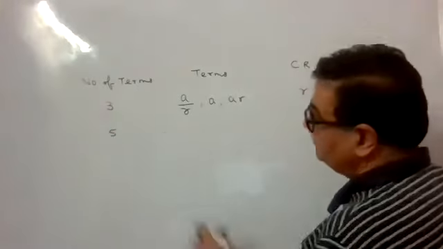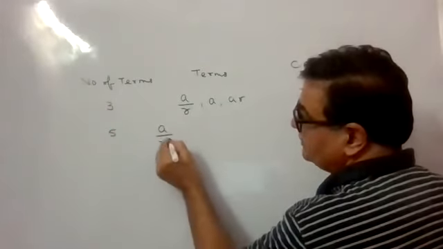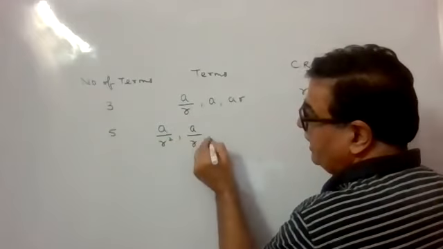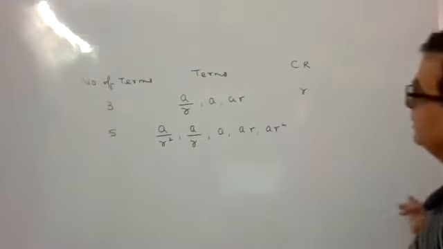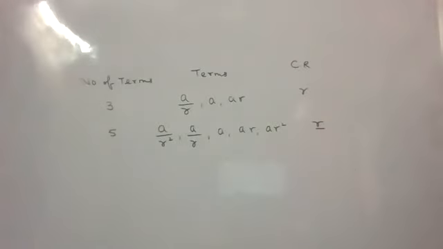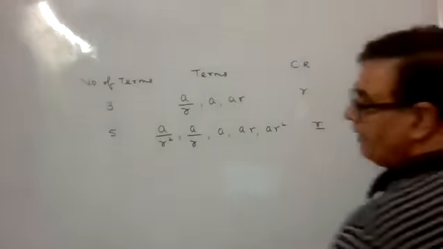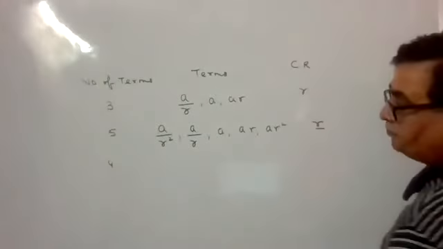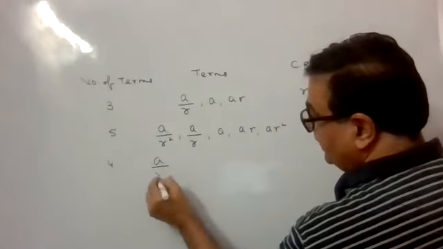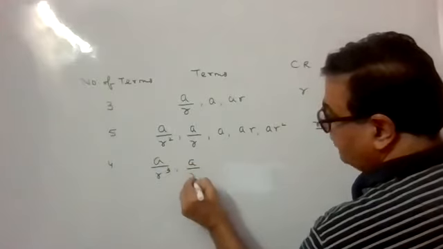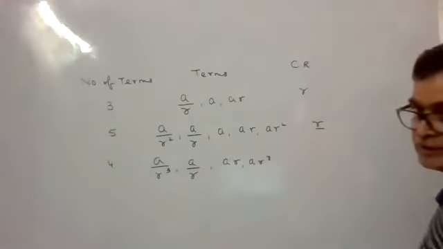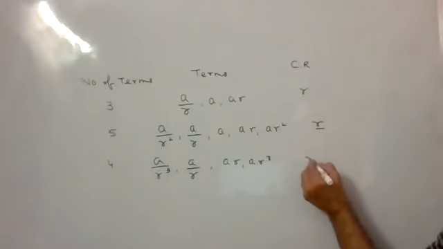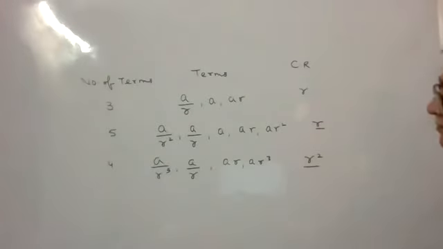When you have five terms, we will say A by R square, A by R, A, AR and AR square, and the common ratio is still R. When you have four terms, then it will be A by R cube, A by R, AR and AR cube. This way we will have the terms, and the common ratio will be R square.